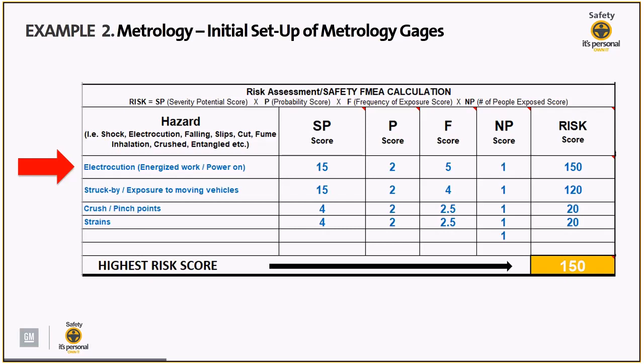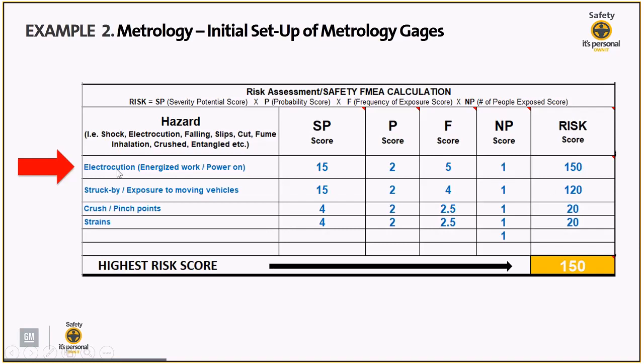Let's look at how they had the numbers for electrocution. Does it make sense? They have 150 for electrocution: severity potential of 15, probability of occurrence of a 2, frequency of exposure of a 5, and number of people at 1, for a total of 150, and that is their highest risk score.